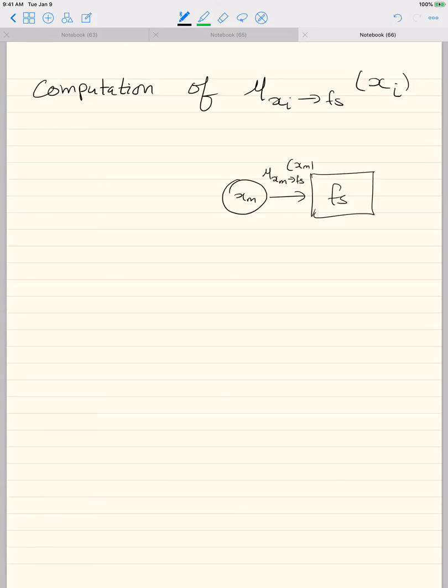In turn, xm is also connected to many other factor nodes. So let's consider fm1, fm2 up to fmL.